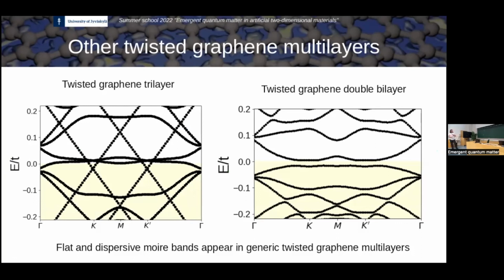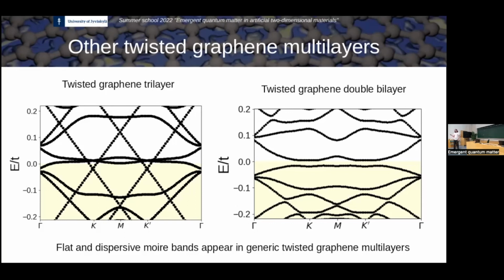Now, the very fascinating thing of this superconducting state is that it's actually a spin triplet superconducting state that we discussed in the superconductivity session. And there are even some signatures of nodal superconductivity in this twisted graphene.